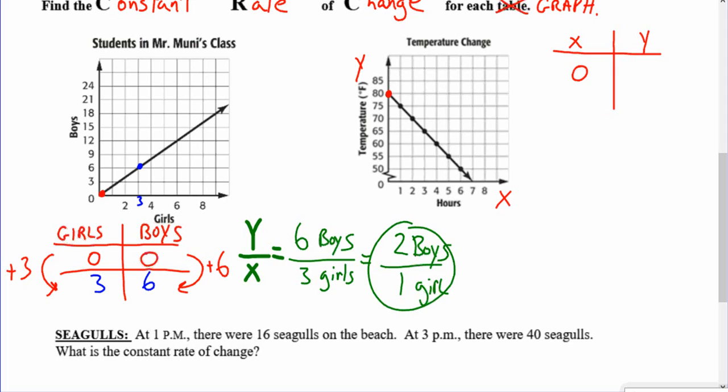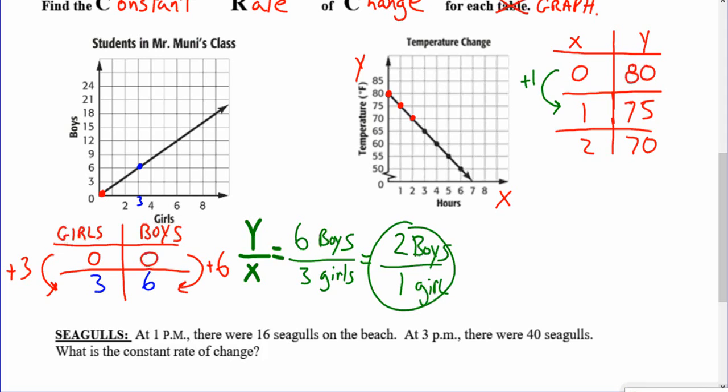That would be 0, 80. The next point looks like 1, 75, and I think I'll just add another point in there. That would be 2, 70.